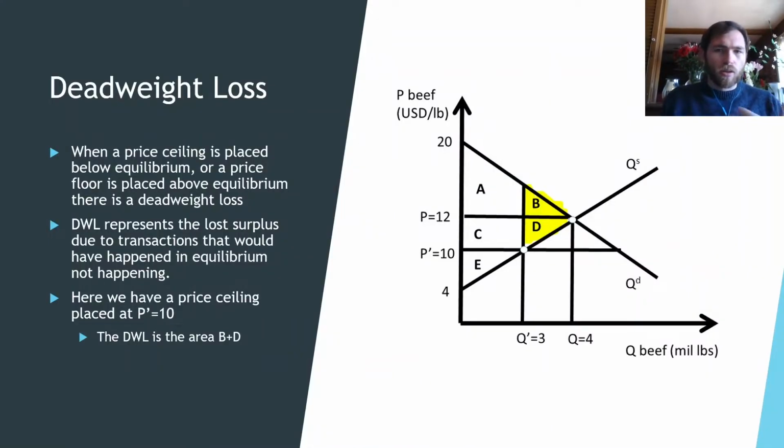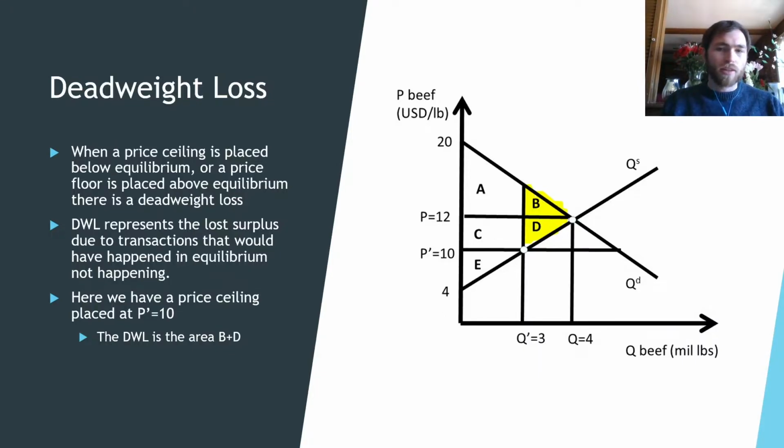Deadweight loss is a closely related concept. So let's say in this market, instead of it being in equilibrium at a price of 12, a policy is implemented, a price ceiling. A price ceiling goes into effect when it's below the equilibrium price in the market, and it changes the market outcome.